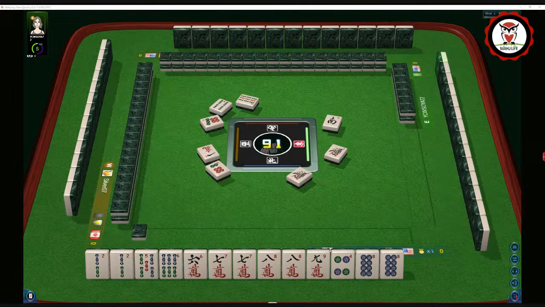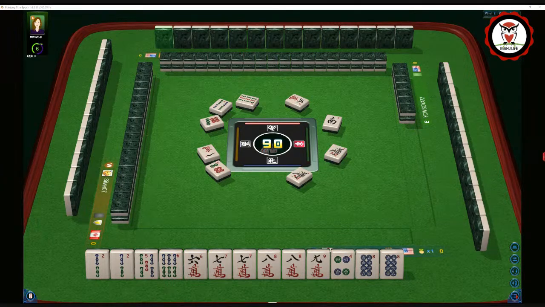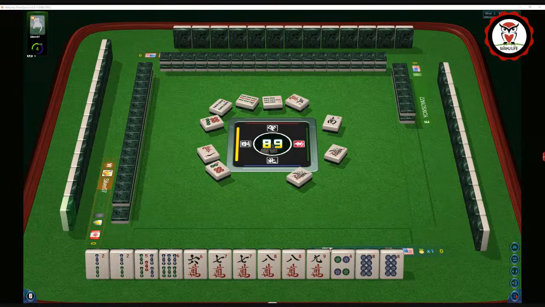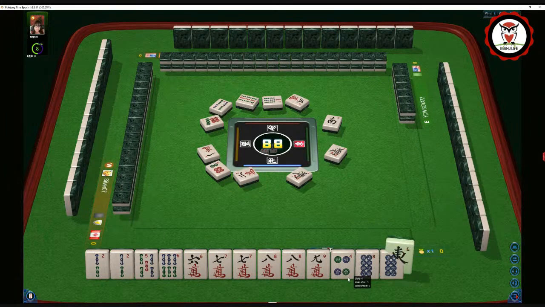Oh boy. 3 characters. 7 bamboos. 2 characters. I'm thinking the 4 dot can go next. Oh, east we don't need for sure.